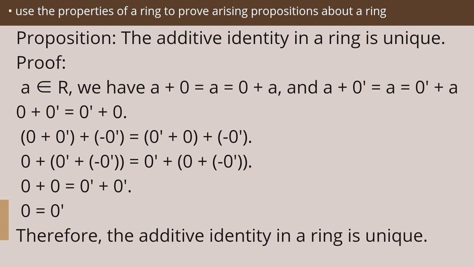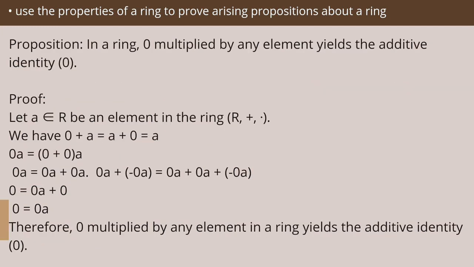Using associativity and existence of additive inverse, we have 0 + (0' + (-0')) is equal to 0' + (0 + (-0')). Simplifying further, we have 0 plus 0 is equal to 0' plus 0'. By the additive identity, we have 0 is equal to 0'. Therefore, the additive identity in a ring is unique.